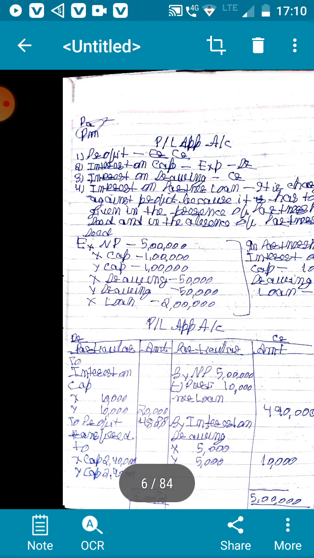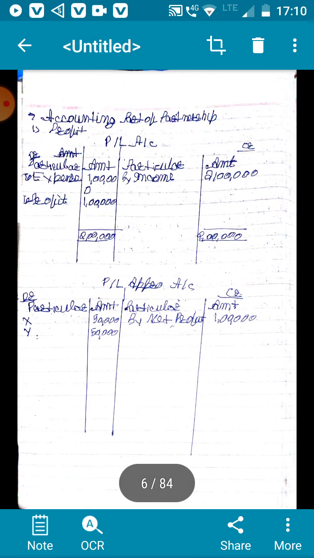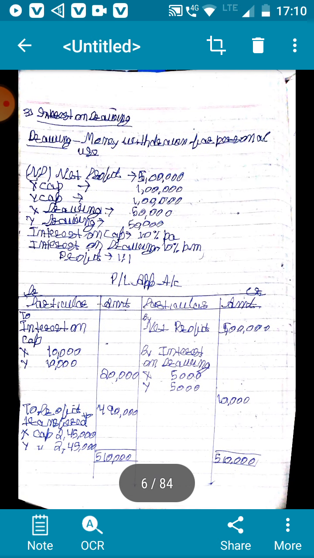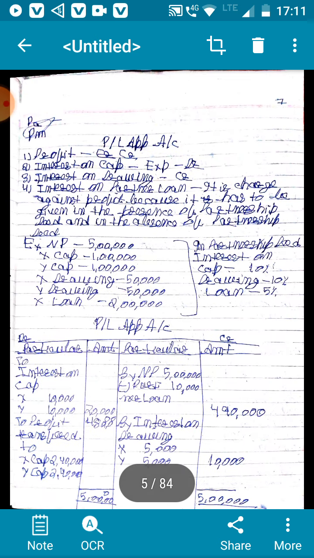These are the treatments in the profit and loss appropriation account. We show the profit on the credit side of the profit and loss appropriation account. Interest on capital is debited in the profit and loss appropriation account. Interest on drawings is credited to the profit and loss appropriation account.